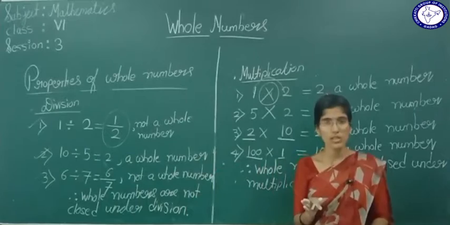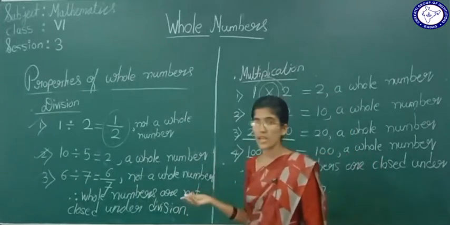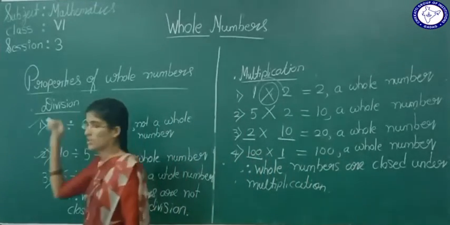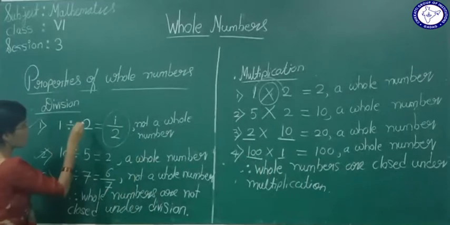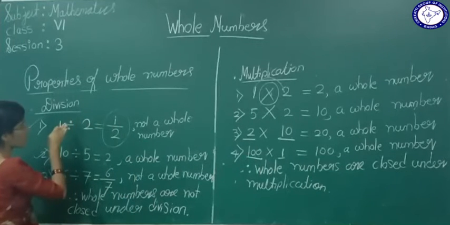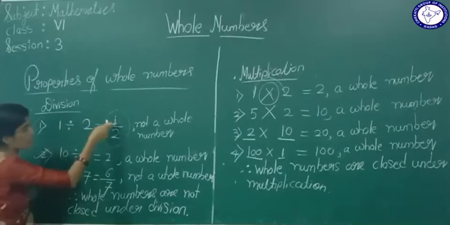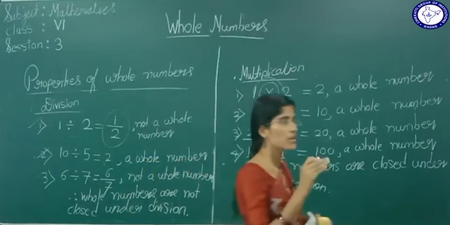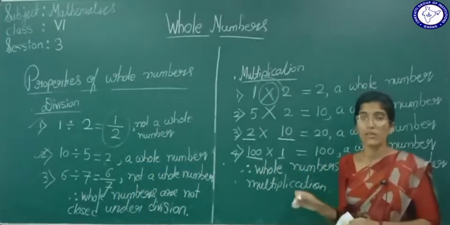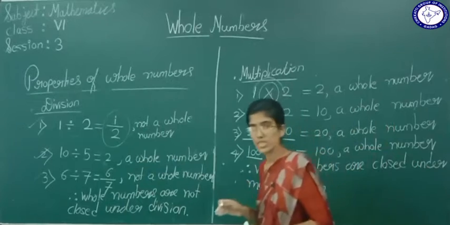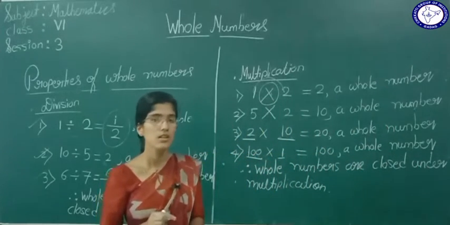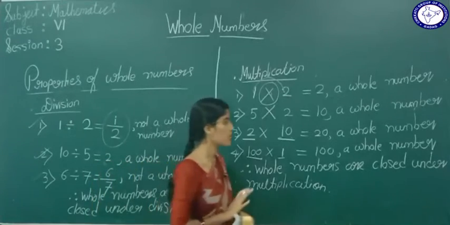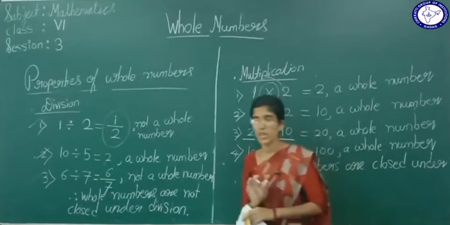Because in subtraction and division, when we take two whole numbers and do minus or division, we are not always getting a whole number. For some examples it is a whole number, for some it is not. Therefore, whole numbers are not closed under subtraction and division.